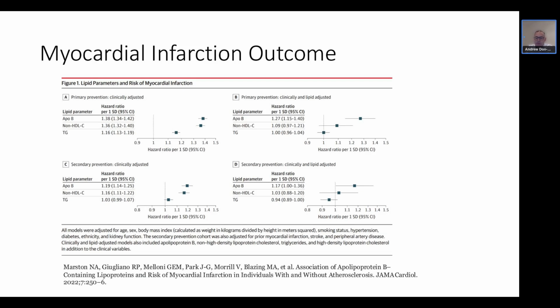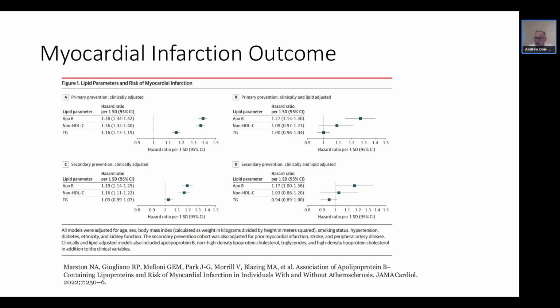If you look at the secondary prevention group, which is panel C and D, the findings are similar. The hazard ratio is, again, pretty good for both ApoB and non-HDL cholesterol in the clinically adjusted model. And then when you add in the lipid parameters, the ApoB improves a little bit more than the non-HDL cholesterol.